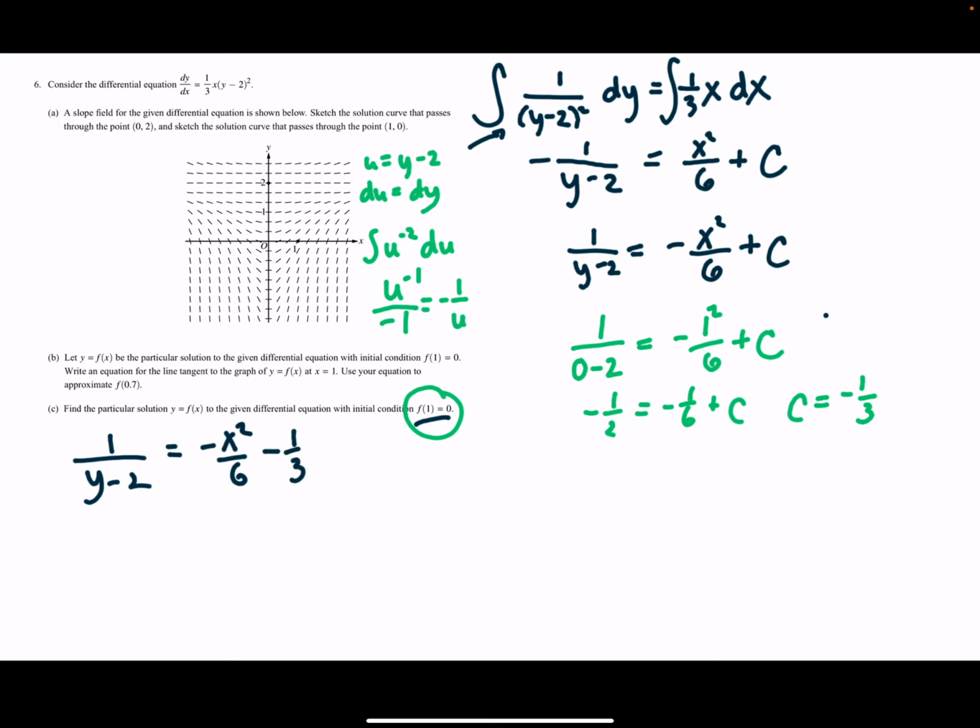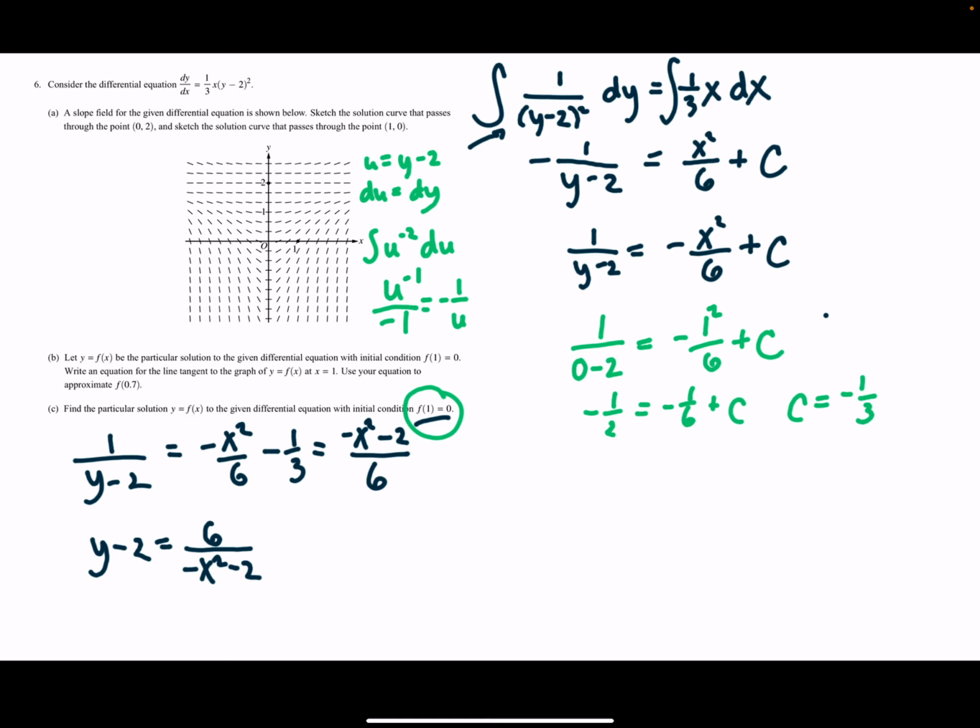You might want to make this a single fraction. You have a lot of options, but it might help to make the whole thing over 6, so it would be negative x squared minus 2. Since I have fractions on both sides, I can flip both fractions and get y minus 2 equals 6 over (negative x squared minus 2).